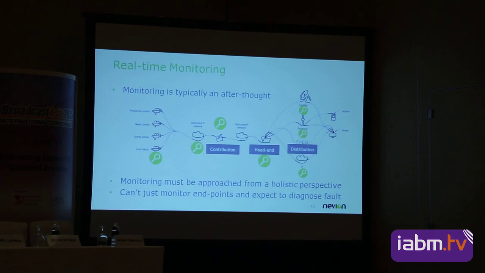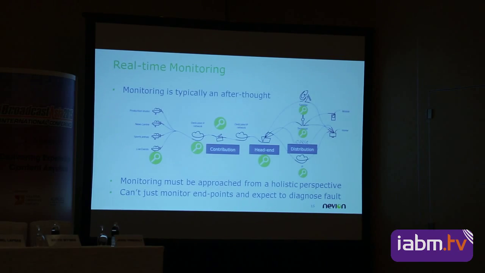So you need to be able to track down where a fault occurs within a network. And that could be a switch element, it could be a media adapter, it could even be a faulty stream due to packet losses on a particular link. So monitoring must be approached from a holistic approach. You need to be able to paint a picture of the entire network itself. You can't just expect to monitor the endpoints and hope to diagnose a fault.